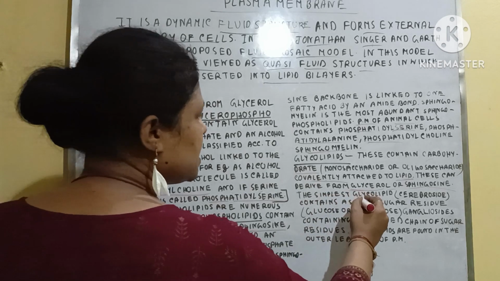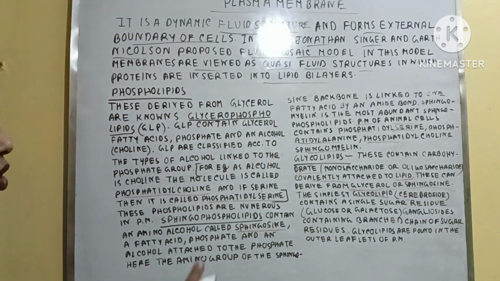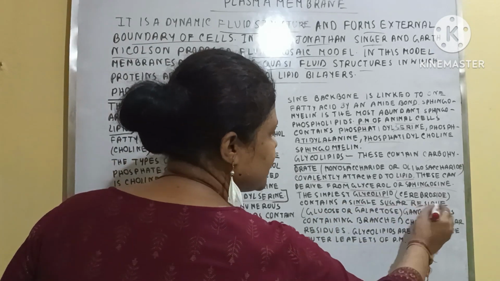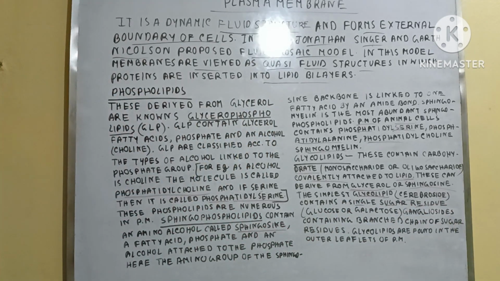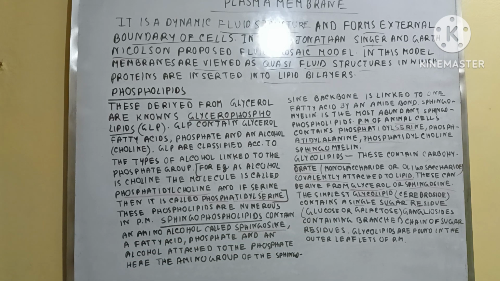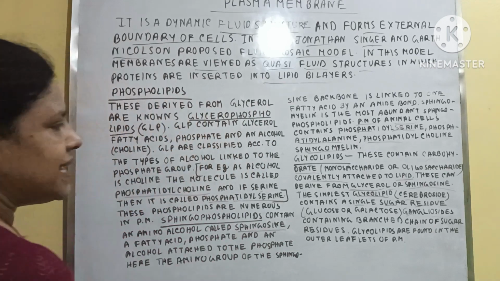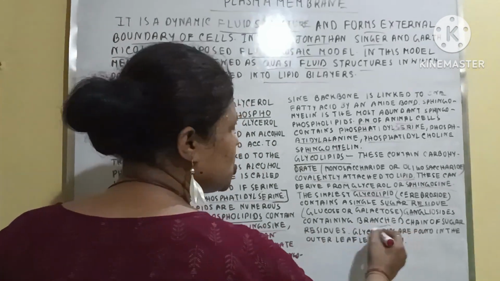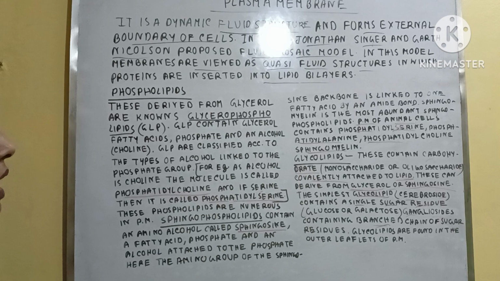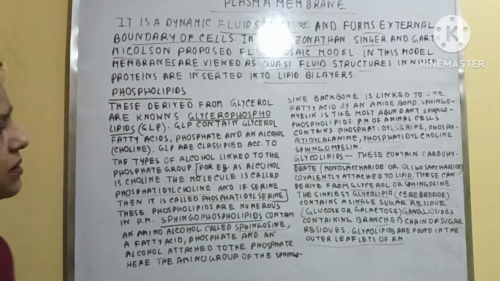The simplest glycolipid example is the cerebroside, and here only a single sugar is present. The sugar may be glucose or galactose. Another complex glycolipid is the ganglioside, and here a branched carbohydrate chain is present.